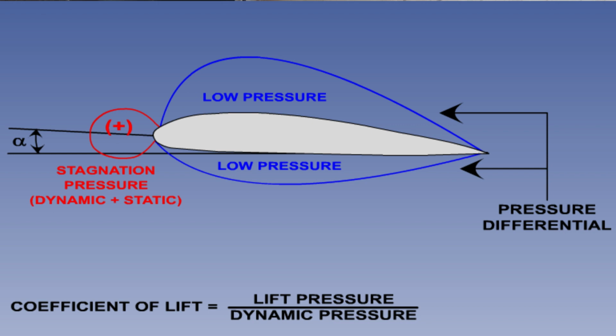Coefficient of lift is an important term here. For a given surface area of a wing, the coefficient of lift is equal to the pressure differential between the upper and lower surface of the wing divided by the dynamic pressure. Coefficient of lift also depends on three things: the wing area, the wing aspect ratio, and the shape of the aerofoil.